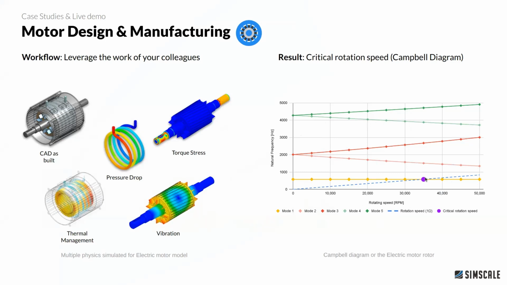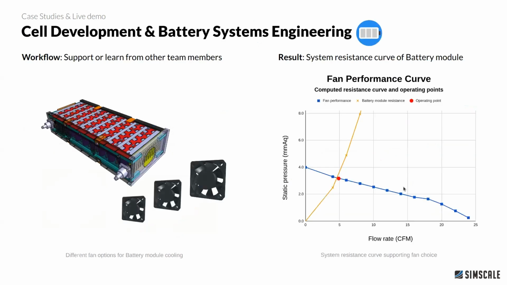And if there is now an intersection between the rotational speed and an eigenmode, we know here we have a critical speed, so that might induce the eigenmode to really damage our product. So we need to make sure that the operating range does not lie around this point. In this case, that's probably the case.